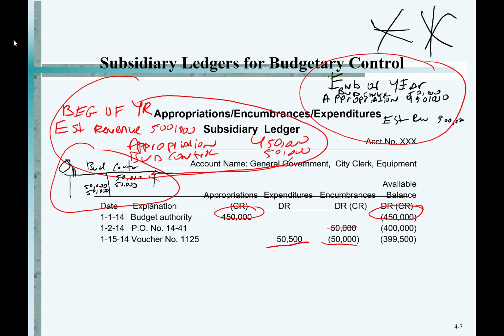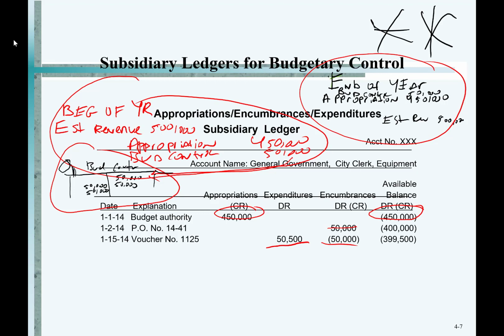At the end of the year, do you close all your revenue and expense accounts in accounting? Yes, you do. So you're also going to close all your budgetary revenue and expense accounts at the end of the year, aren't you? I don't need them anymore because the year's over. So right here, where I put these couple little stars, at the end of the year, I simply reverse the beginning of the year entry, don't I?